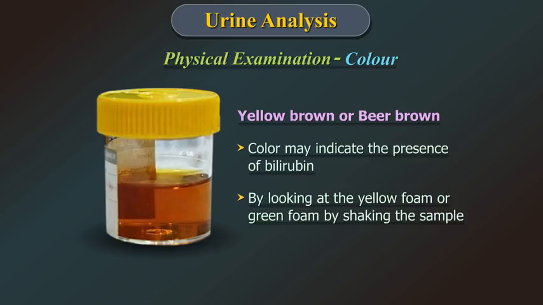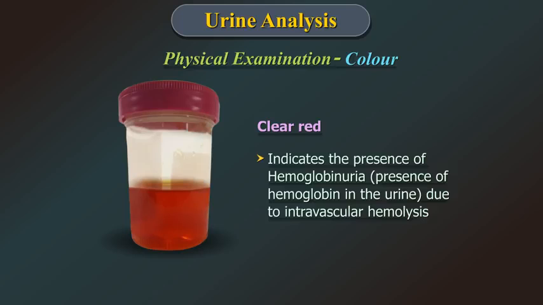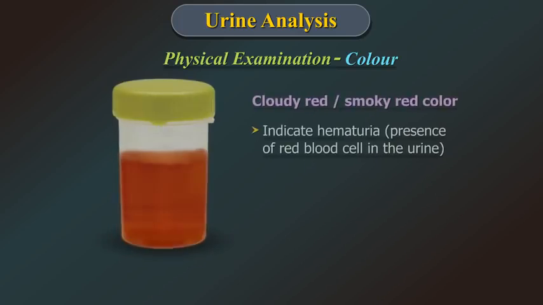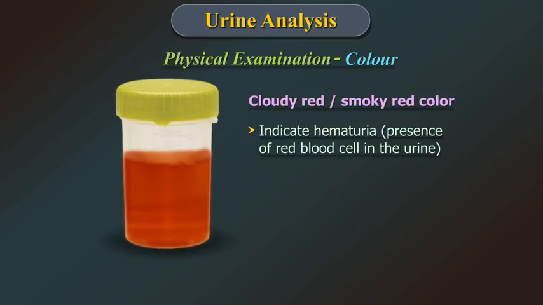This is also confirmed by looking at the yellow foam or the green foam by shaking the sample. Clear red may indicate presence of hemoglobinuria, that is, presence of hemoglobin in the urine due to intravascular hemolysis. Cloudy red or smoky red color may indicate hematuria, that is, presence of red blood cells in the urine.